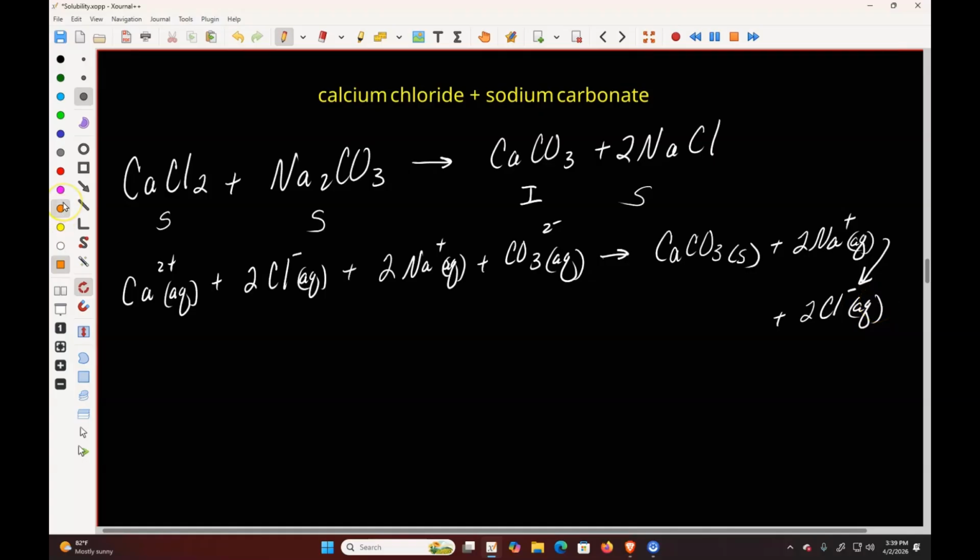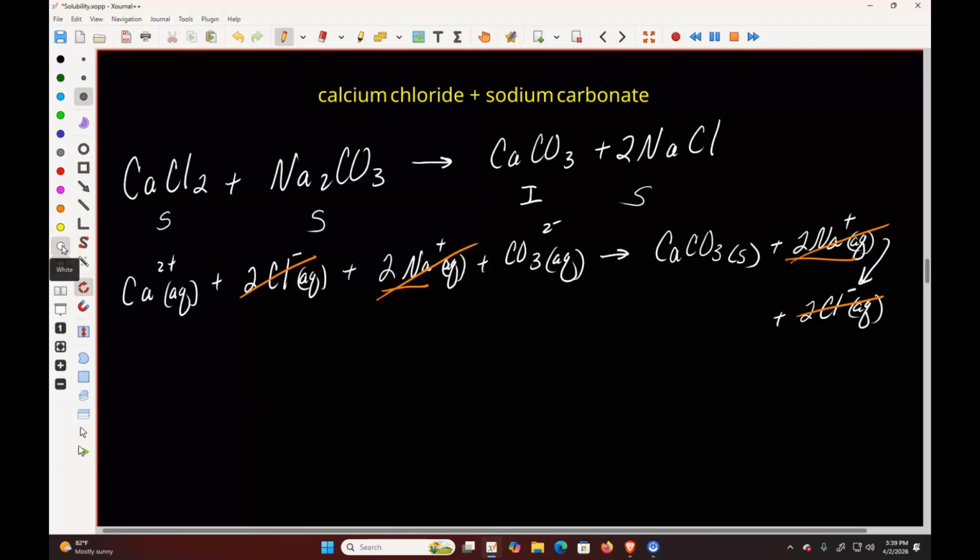Let's try to identify any spectator ions. I have 2 sodiums, both aqueous, so they cancel. I have 2 chlorides that will cancel these 2 chlorides.